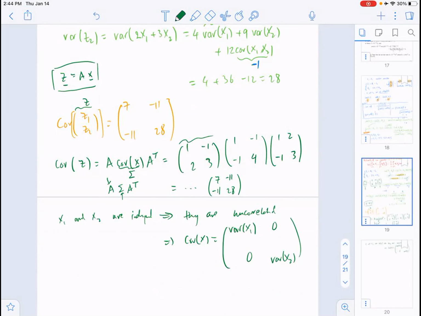So it looks similar, but this is not an eigendecomposition of the covariance of Z. If it happens that A is an orthogonal matrix and sigma is diagonal, then yes, that would be the orthogonal decomposition.